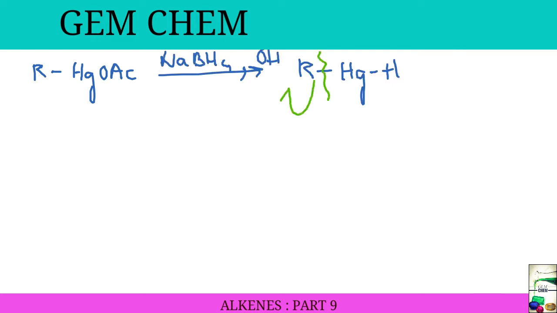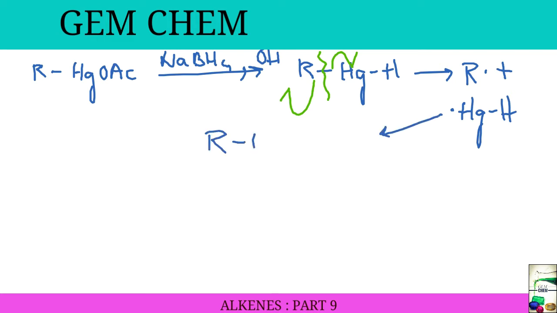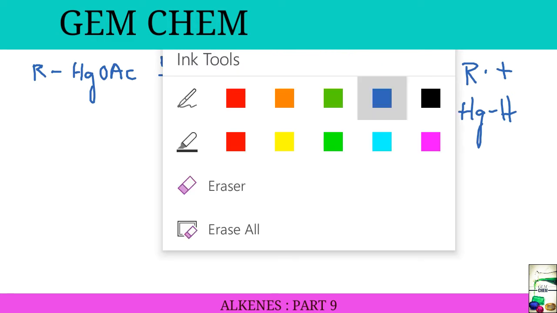That is, one electron comes here and one electron goes here to form ultimately R dot plus dot HgH. Now this further reacts to form RH plus Hg dot dot, that is 2 electrons. That is, this bond breaks.